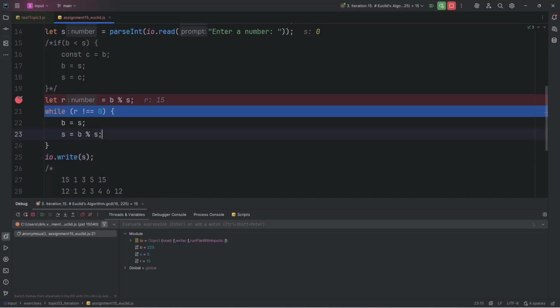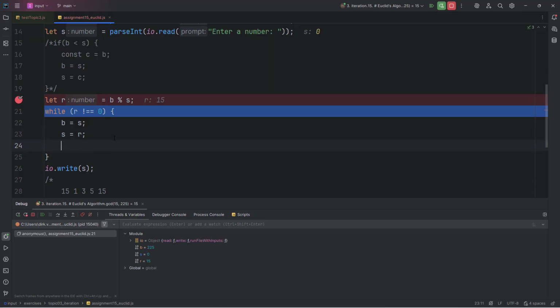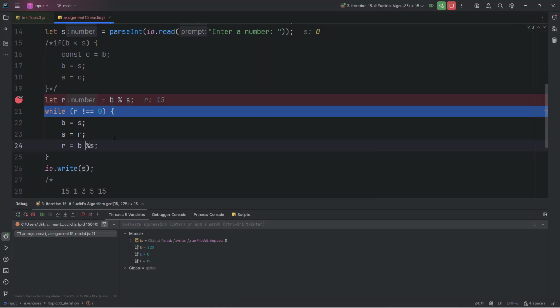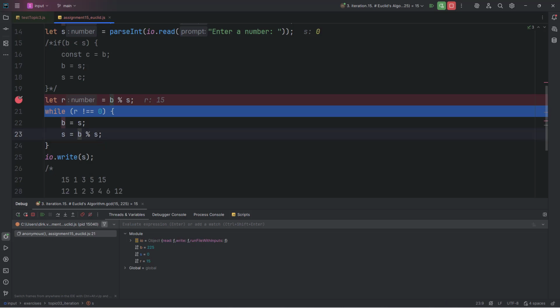Oh no, I remember, I know what I'm doing wrong. I have to of course shift the remainder and then calculate a new remainder. Okay, that's my problem here. I can't just overwrite S with something that hasn't changed, because S hasn't changed yet. So if I wrote it like this, the problem is that S hasn't changed when I start to calculate S anew.